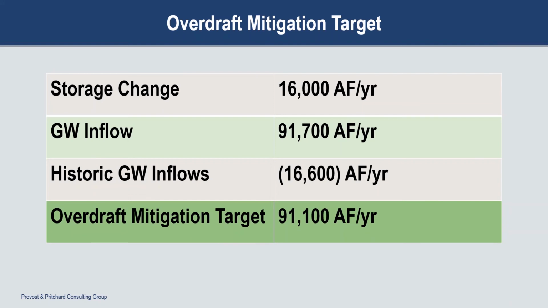There's always been a little bit of groundwater into the area, so since we've had that historically, we subtracted that out of the overdraft mitigation target. So we subtracted out 16,600 acre feet to reach an overdraft mitigation target of 91,100 acre feet per year. So that 91,100 acre feet per year is how much we want to reduce the overdraft by within the McMullen area GSA.